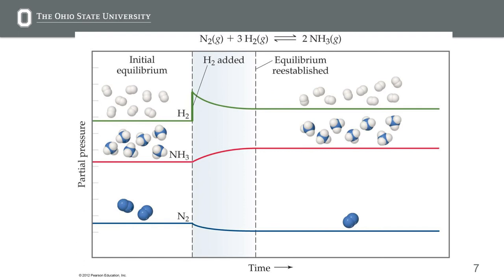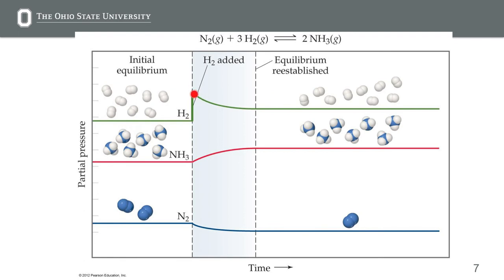All right, so we've got an equilibrium established. We have a constant concentration of N2, NH3, and H2. If we add H2, we see this sharp rise in concentration. So we're adding a reactant. Notice what happens to the other concentrations.